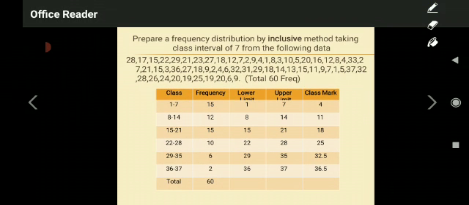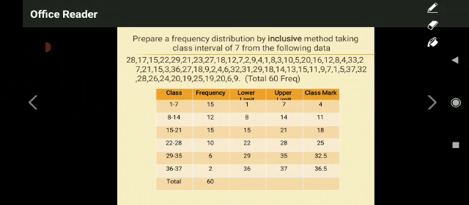If 7 is given, what to do? You have to understand over here. First you have to count the total number of frequencies. There are 60 frequencies. Whatever data information is given in the question paper, accordingly you have to calculate. Here, according to this calculation, there are 60 frequencies.